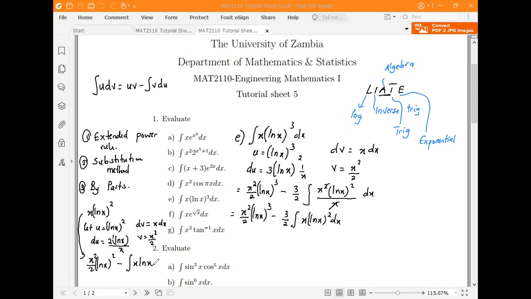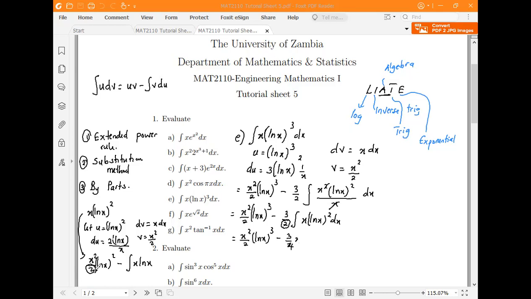So where we are now, we are here at x squared over 2 ln x power 3 minus 3 over 2, and that is another over 2, so I'm going to say 3 over 4. Why 3 over 4? Because this 2 is being multiplied by the 2 down here.